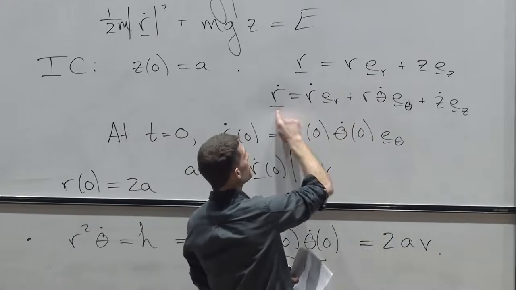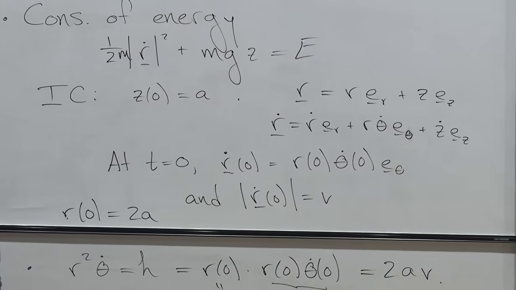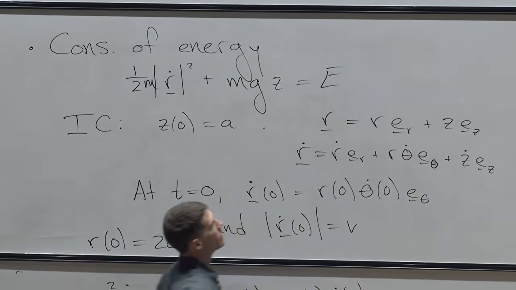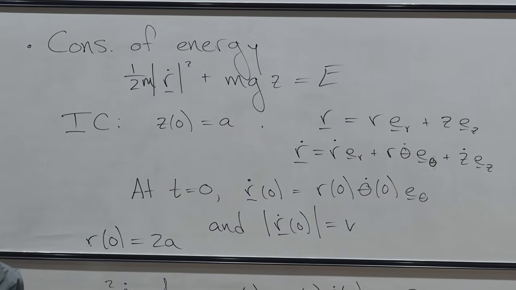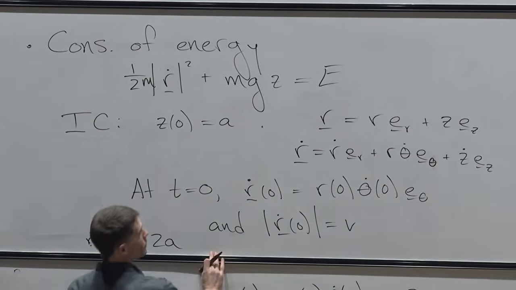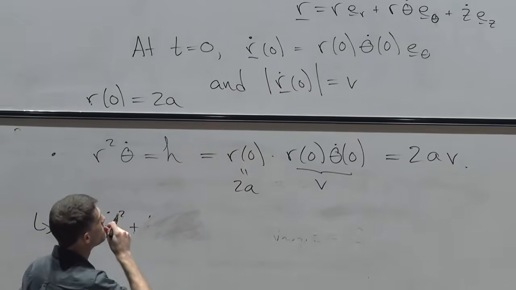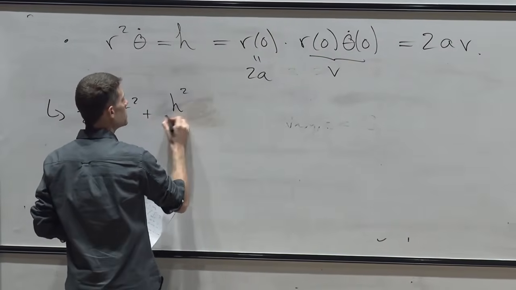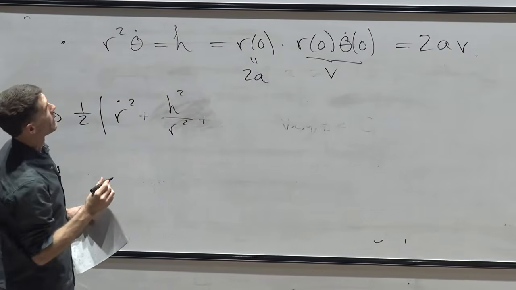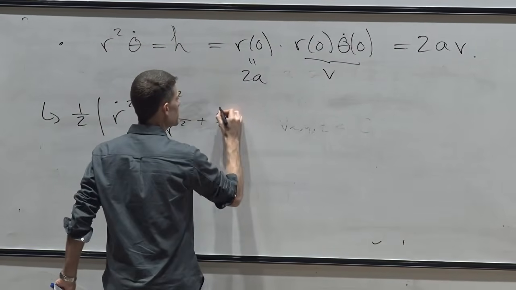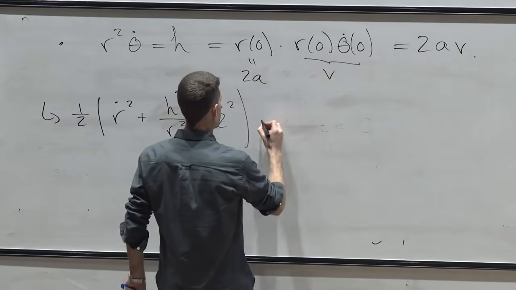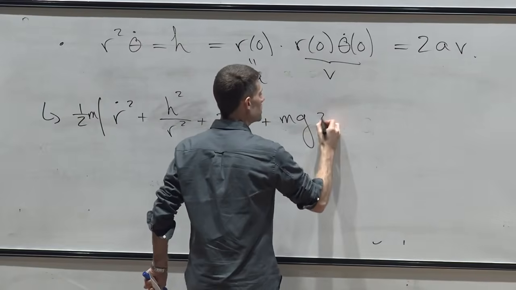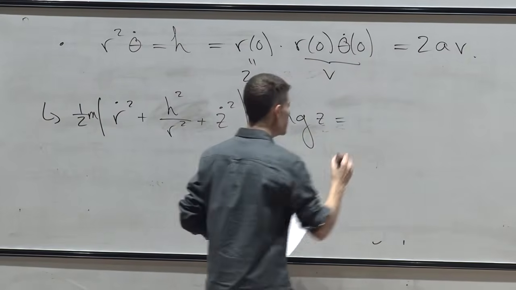This is taking the square of each of those components and summing the squares for kinetic energy, and this r squared theta dot squared I want to write as h squared divided by r squared. And then I get a z dot squared, plus, we'll keep the m, plus mgz equals E.